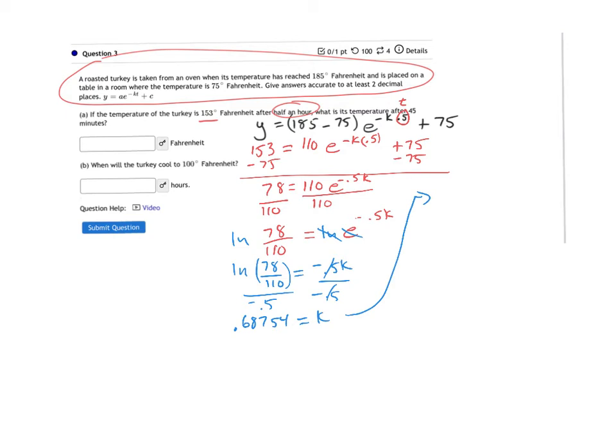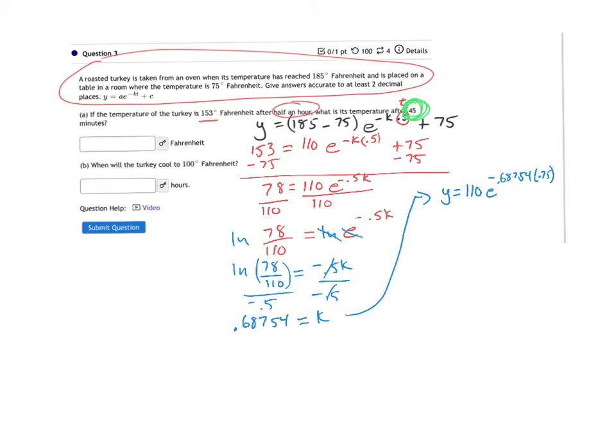Now that I have k, I can go ahead and write my new equation. What I'm trying to do is figure out what the temperature will be after 45 minutes. So I'm going to have y, which is what the temperature will be, equals 110 e to the negative 0.68754 times t, where t is 0.75 because it's 3/4 of an hour, and then plus 75.